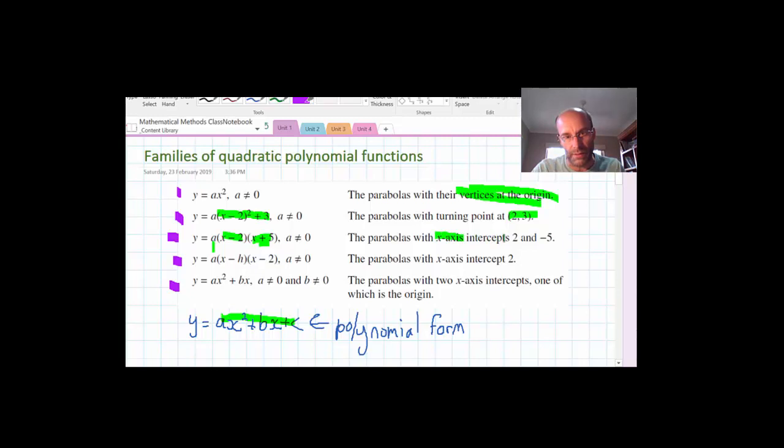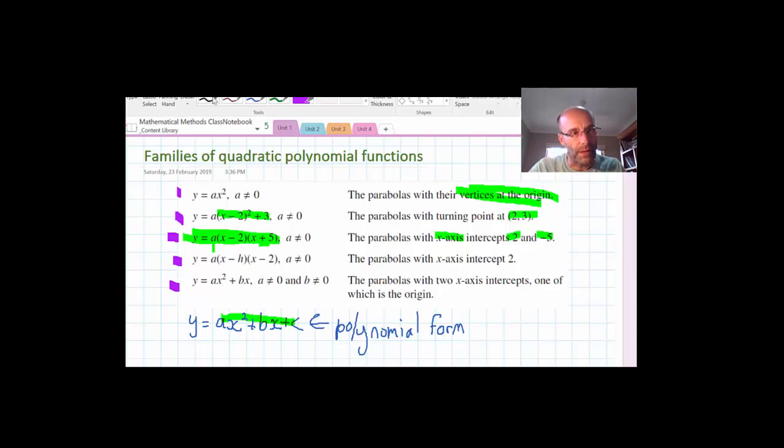We've got a form that helps us identify the x-intercepts. The x-intercepts occur when y equals 0, so that would be the Null Factor Law in action there.